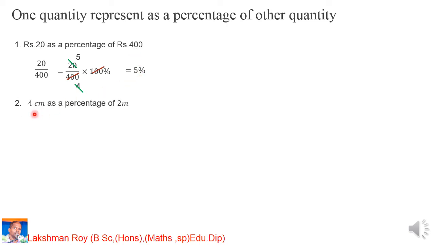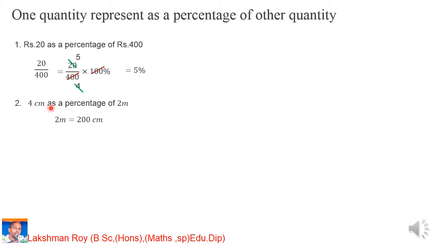Let's see another example. 4 centimeter as a percentage of 2 meter. Now you see this centimeter and this meter should be in the same unit. What is the easy way? Convert this 2 meter into centimeter. 1 meter is 100 centimeter, so 2 meter is 200 centimeter.